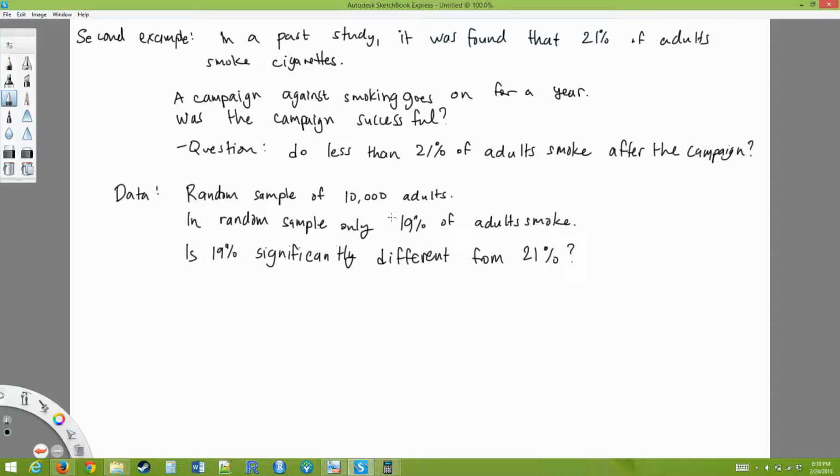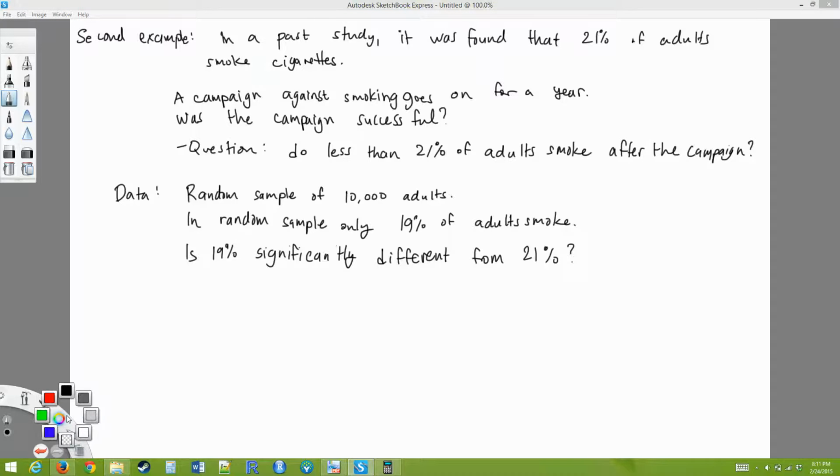So we have basically a drop of 200 people. Now, could that drop be accounted for just by random sampling? Or is it telling that maybe something changed in the population? This is the question that we're asking, okay?